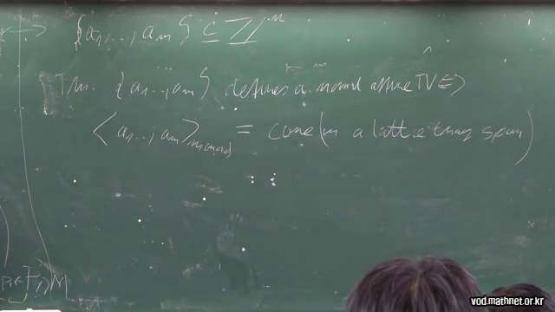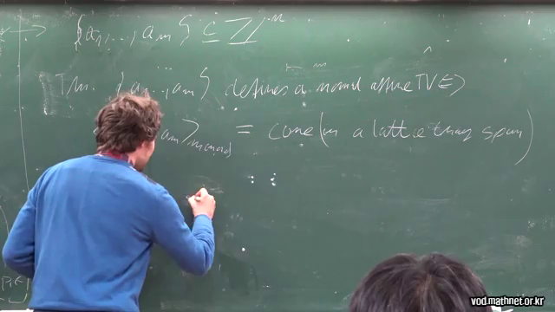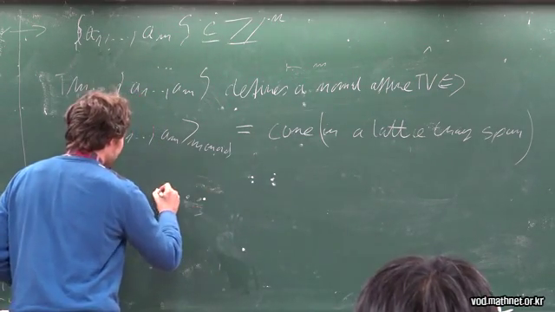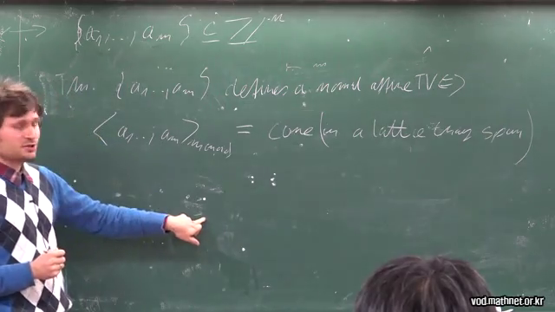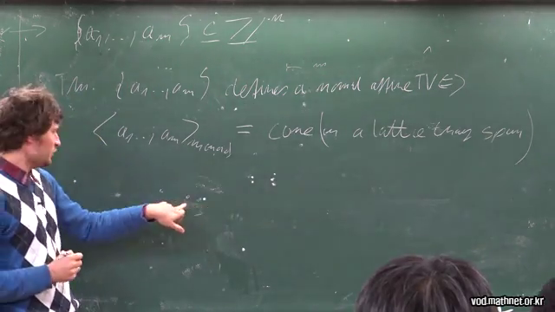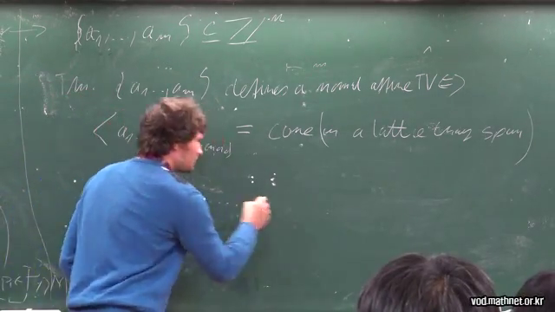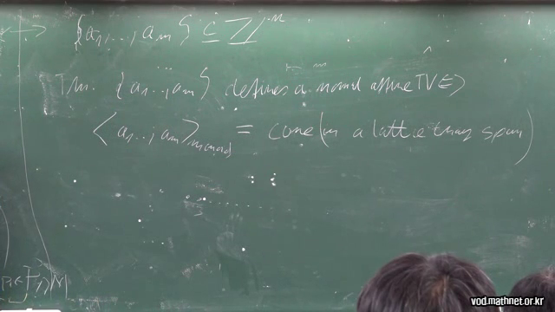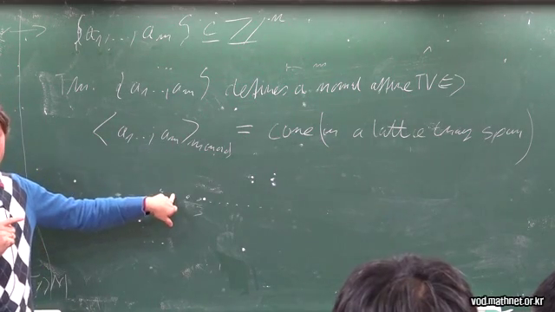Okay, so for example, if you take 2 and 3, you remember our favorite example, what's the monoid generated? Well, you can add 2s and 3s. So for example, if you add 2 and 2, you will get a 4. If you add 2 and 3, you will get a 5. So you will get everything up. But this is not a cone, because no matter how you add 2 and 3, you will never get a 1.